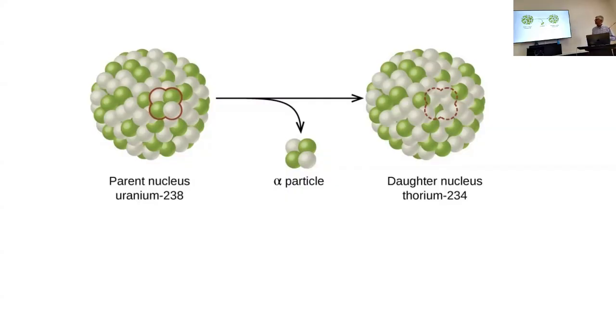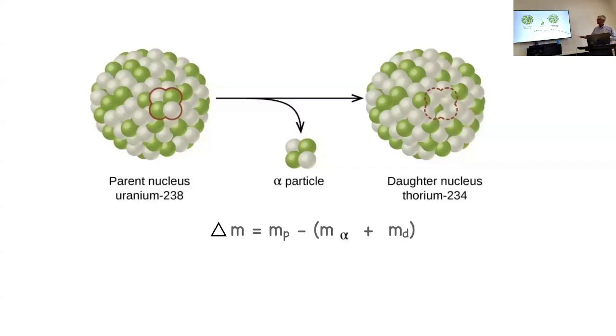And what they found is the sum of the rest masses of these two particles is less than the rest mass of this. So some mass has disappeared. A rest mass has disappeared. Where did it go? Well, it went to the energy. And so the change in mass is the rest mass of the parent nucleus minus the mass of the two products.